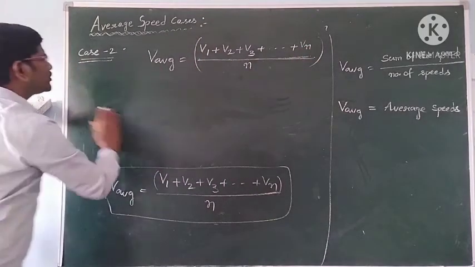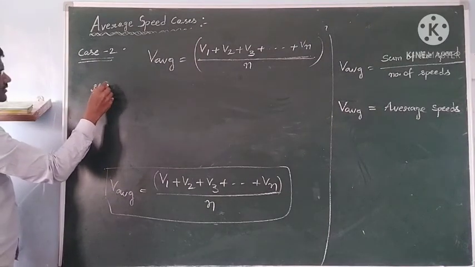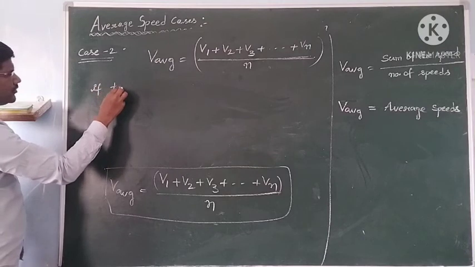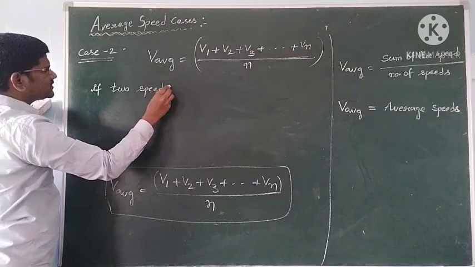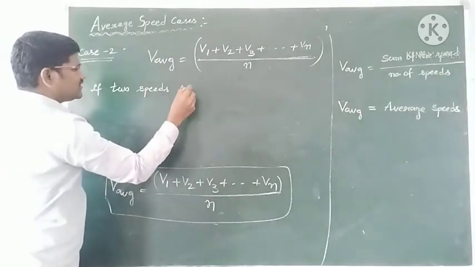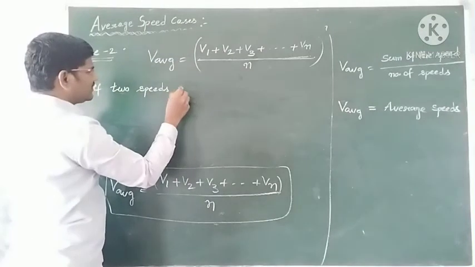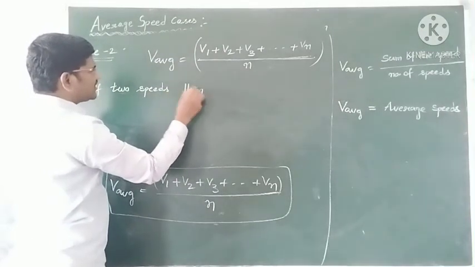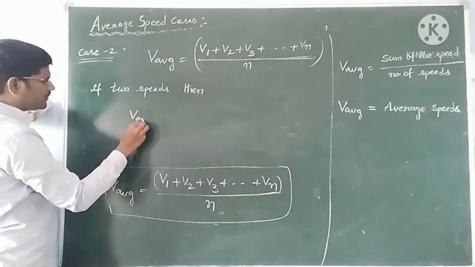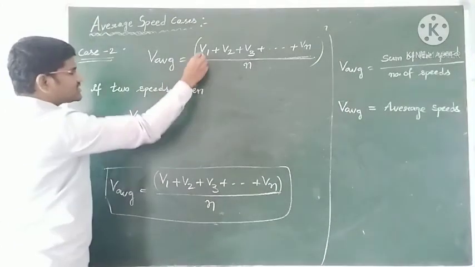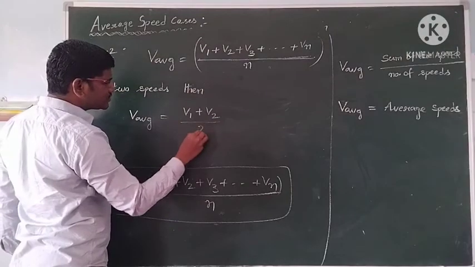If two speeds are there, in equal time only, then average speed V average equals V1 plus V2 by 2 only.